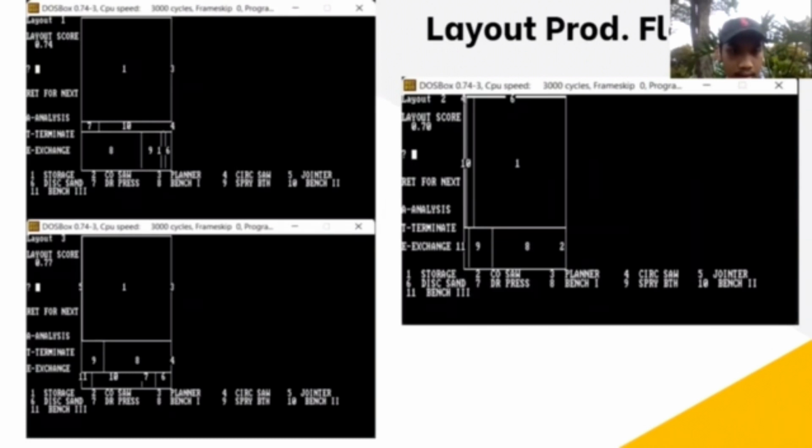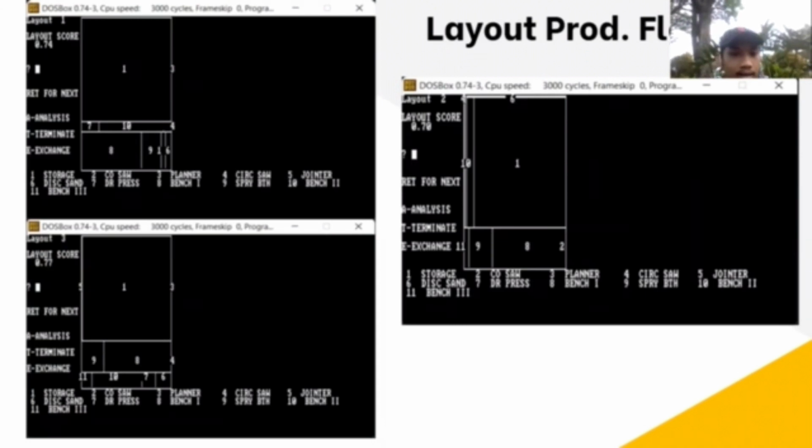The next is the layout for the production floor. In this case, we use two methods to calculate the ALDEP plan, and the second one is using the graph.